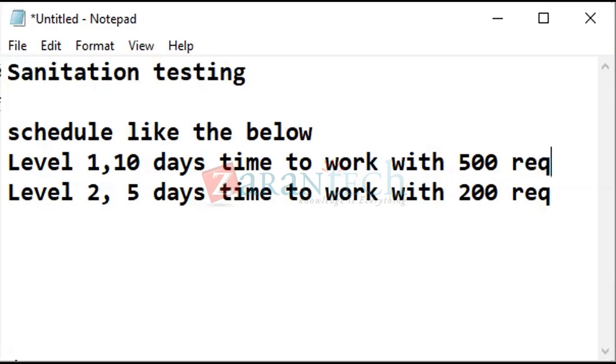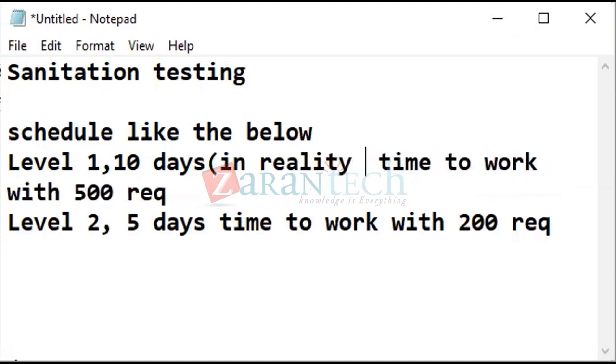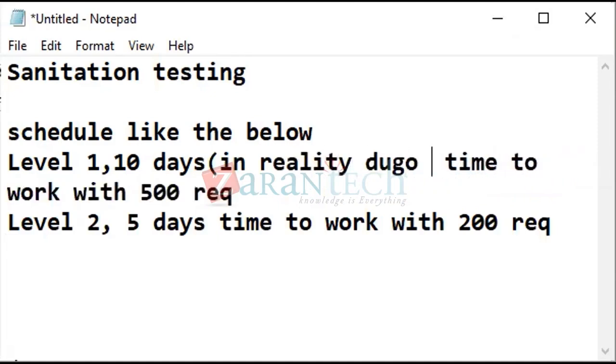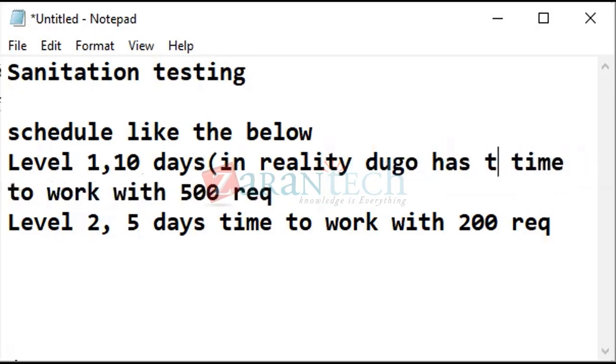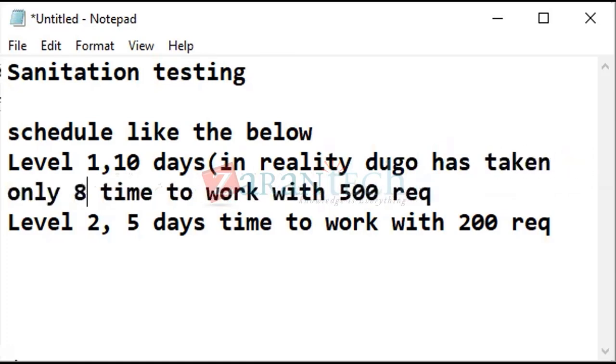So what has Dugo done in level 1? In reality, Dugo has taken only 8 days time.